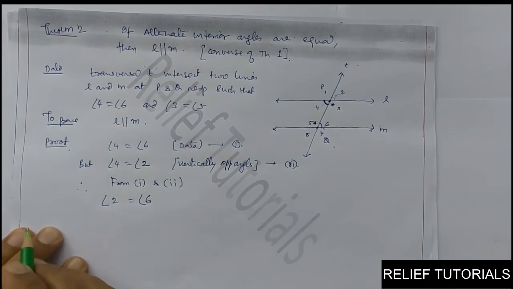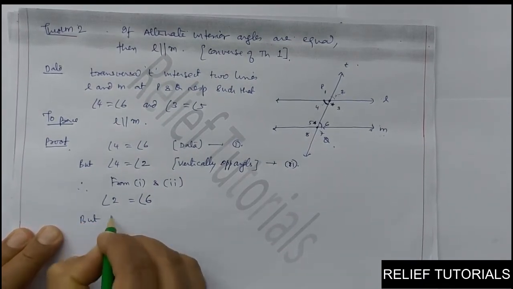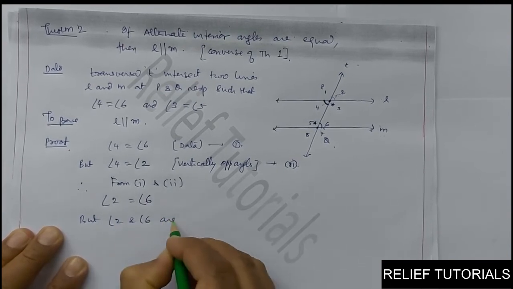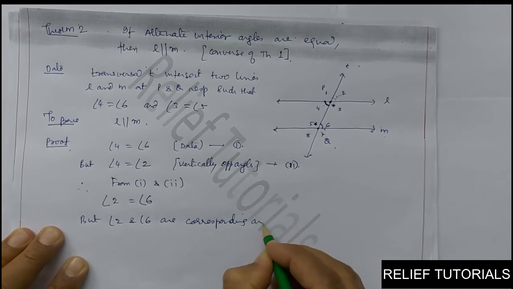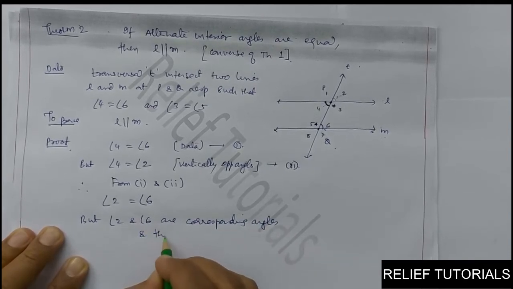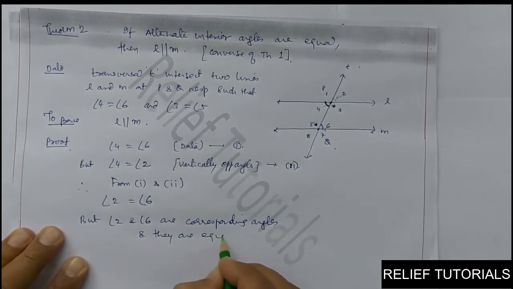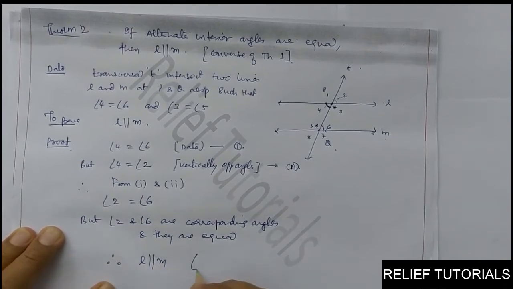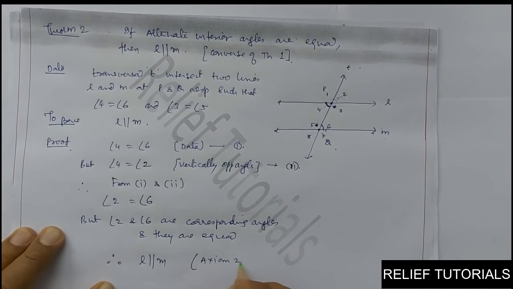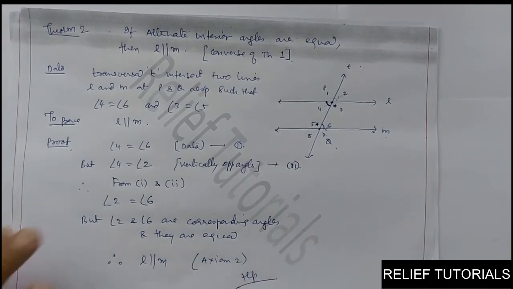Clear? So therefore you can say L is parallel to M, axiom 2. Hence proved. Have you got it?